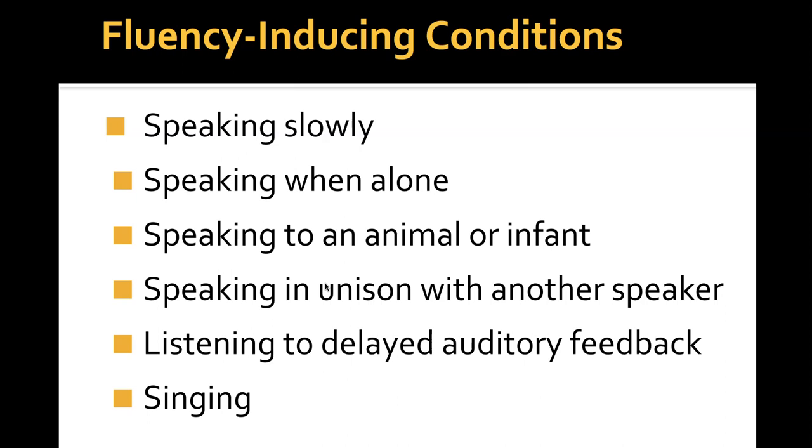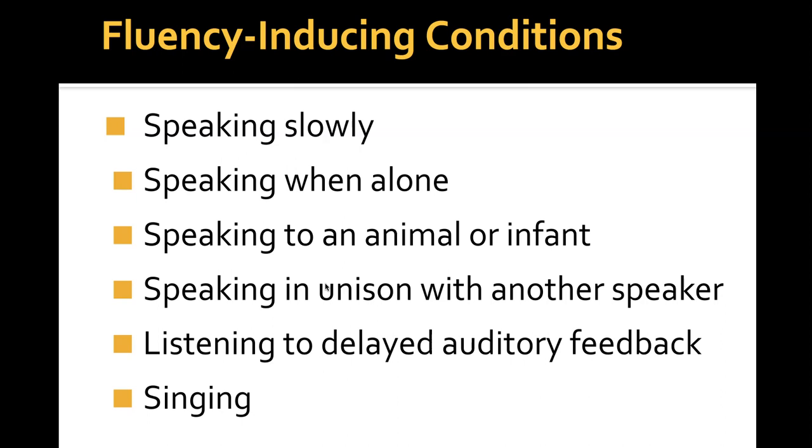You're choosing the topic, no one else is. There's no back and forth speaking. Speaking to an animal or infant, we add in that motherese, that parentese, where people talk in a little bit more of a sing-songy voice. It's slower. It's simple, short sentences, talking about things right in front of us. So anything that makes talking easier is going to lead to more fluency.